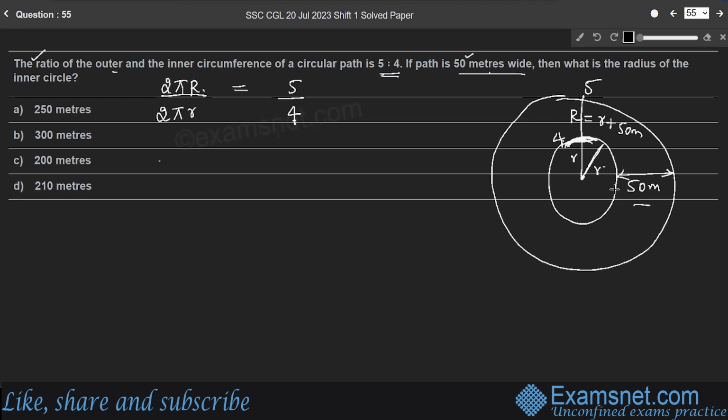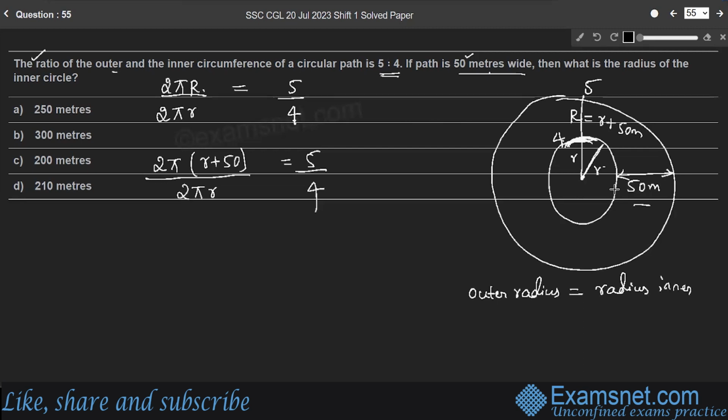Therefore, we can write 2 pi into (r plus 50) divided by 2 pi r is equal to 5/4, right? Because radius of outer circle is equal to radius of inner circle plus width of the path. Therefore, it is r plus 50.